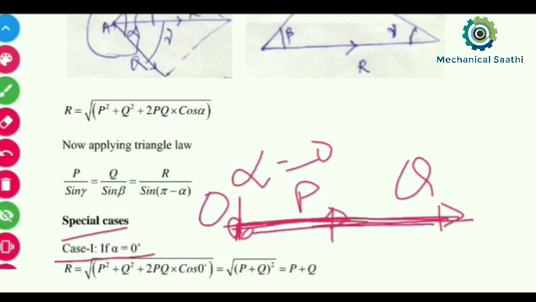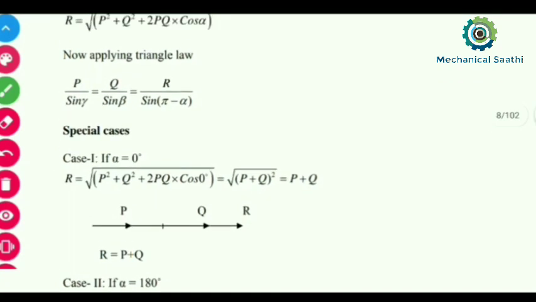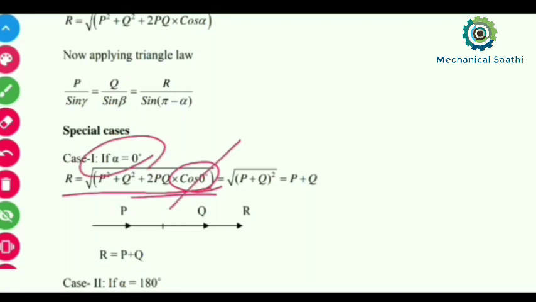So in this case, what is the formula? We can put that relation in this formula. So r equal to the square root of p square plus q square plus 2pq cos theta, and theta, or alpha, is 0 over here, and cos 0 we know is equal to 1.